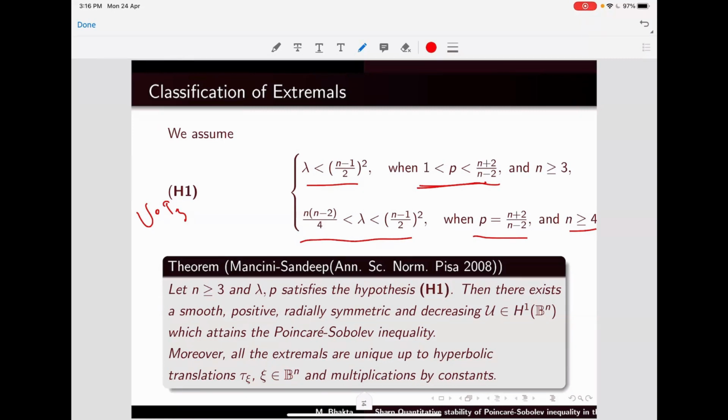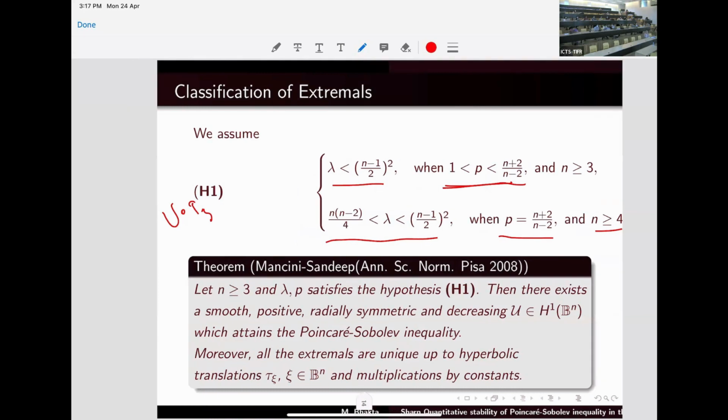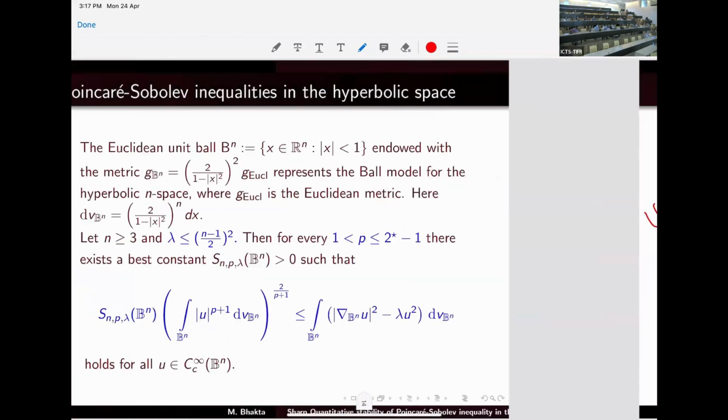If U is a solution of the Poincare-Sobolev equation, then U composed with tau psi is a solution of the Poincare-Sobolev equation. Or if U is an extremal, then U composed with tau psi is an extremal, because that is invariant under this hyperbolic translation. Okay, and one more thing: when you define delta phi in the initial slides, you said there was a question of whether we can find a lower bound, right?